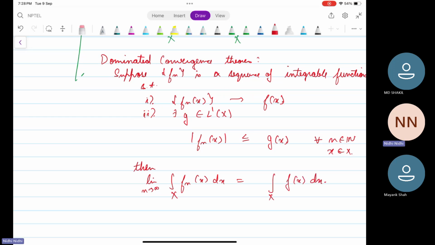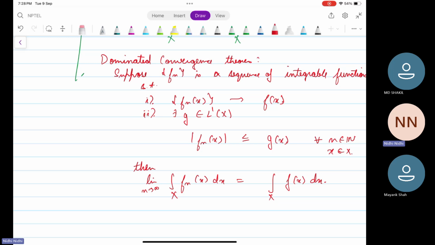So basically, pointwise convergence need not imply the convergence of the integrals. We have some results which help us get this limit of the integrals, and the dominated convergence theorem is very useful. So you should be aware of this.